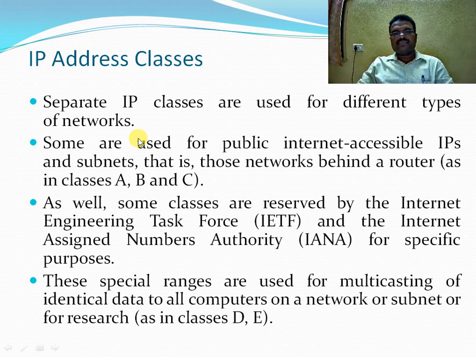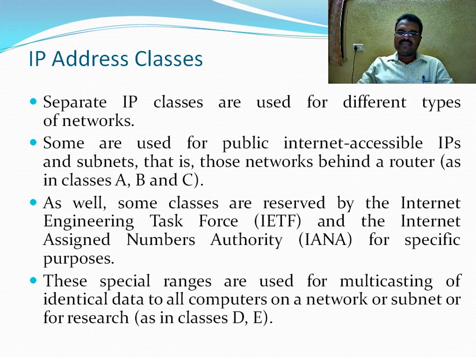Separate IP classes are used for different types of networks. Some are used for public internet accessible IPs and subnets, that is, networks behind a router, as in Classes A, B and C. Some classes are reserved by the Internet Engineering Task Force (IETF) and the Internet Assigned Numbers Authority (IANA) for specific purposes.